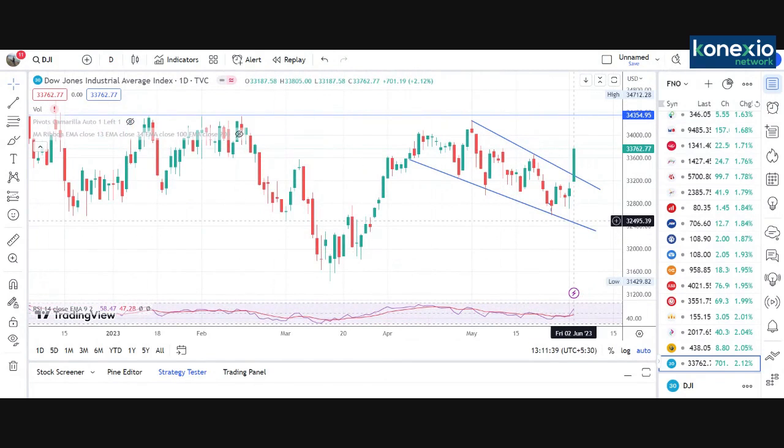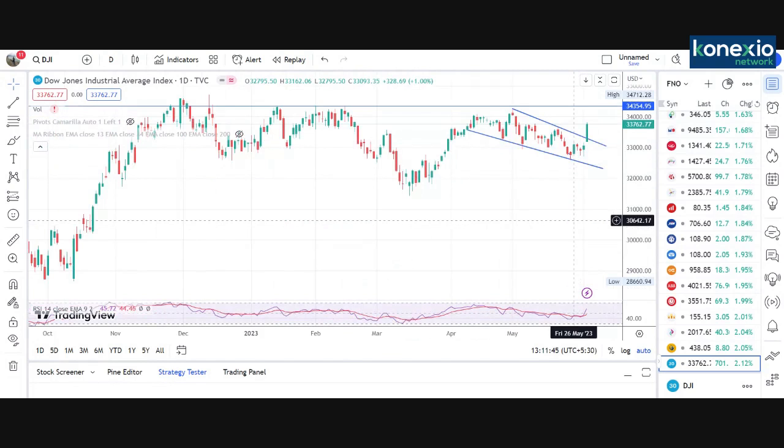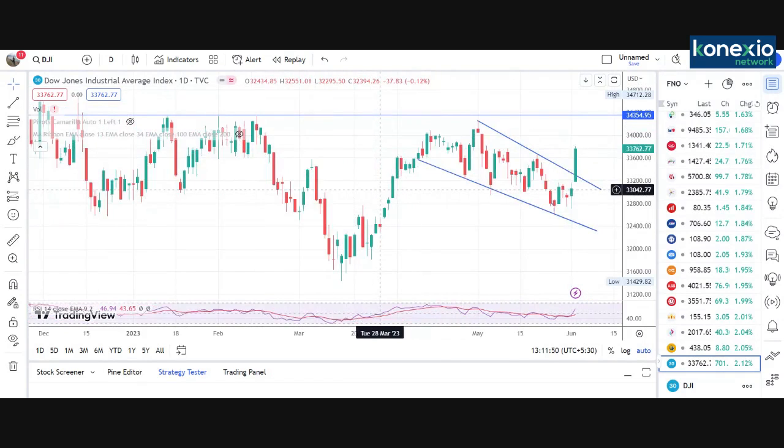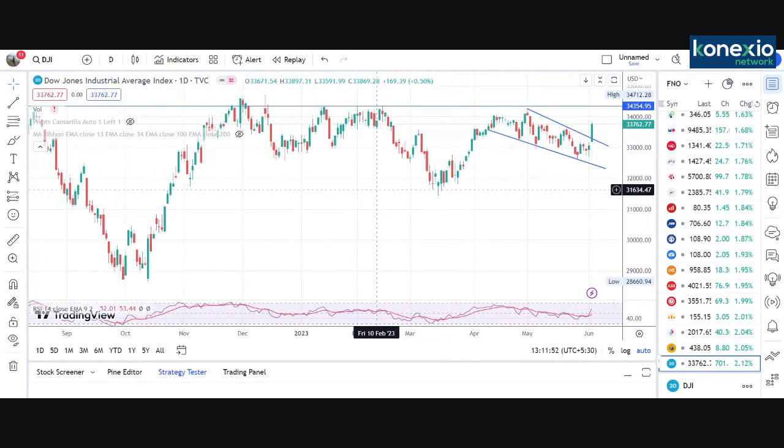On Friday, Dow Jones ended on a strong positive note with 700 points of gain, and it has the potential to test its lifetime high maybe in a couple of weeks. So definitely, the momentum is getting positive in the international markets also. From these levels, Indian markets might open with a positive gap on Monday, and any dips on Monday should be used as a buying opportunity.